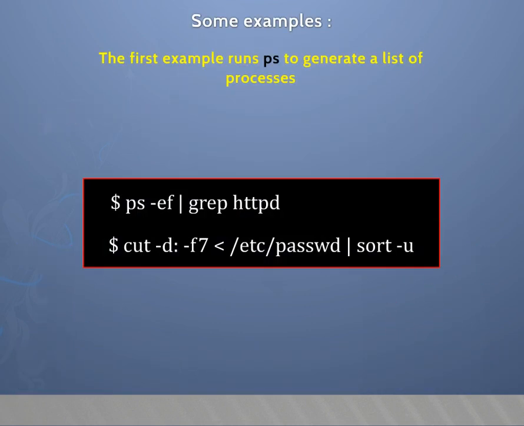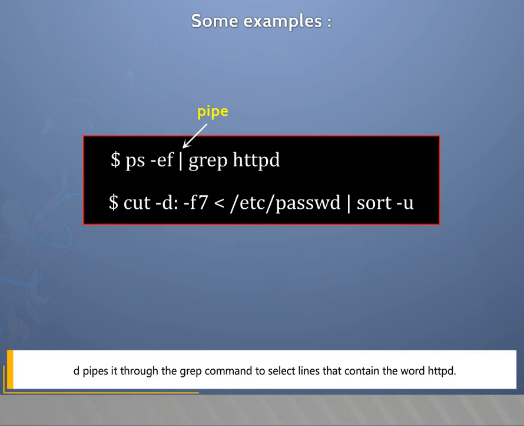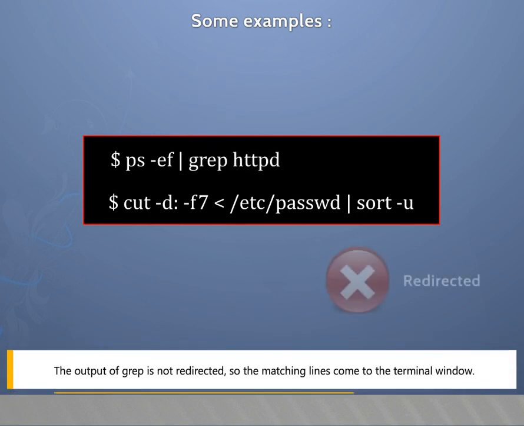The first example runs ps to generate a list of processes and pipes it through the grep command to select lines that contain the word httpd. The output of grep is not redirected, so the matching lines come to the terminal window.